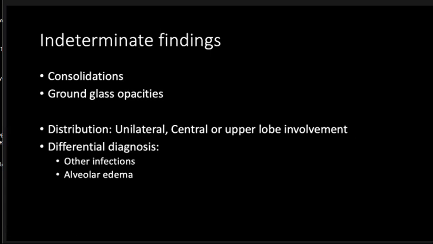So next are the indeterminate findings. These are findings that may be present in cases of COVID-19 pneumonia, but can also have other causes. These include consolidations and ground glass opacities, but have a unilateral distribution, central or upper lobe involvement. So differential diagnoses for indeterminate findings are other infections or alveolar edema.